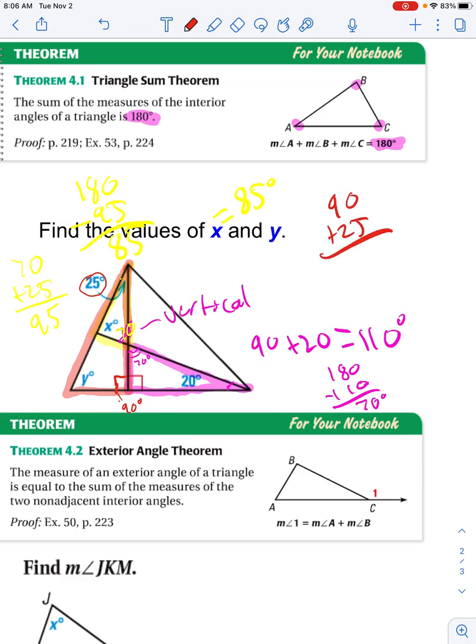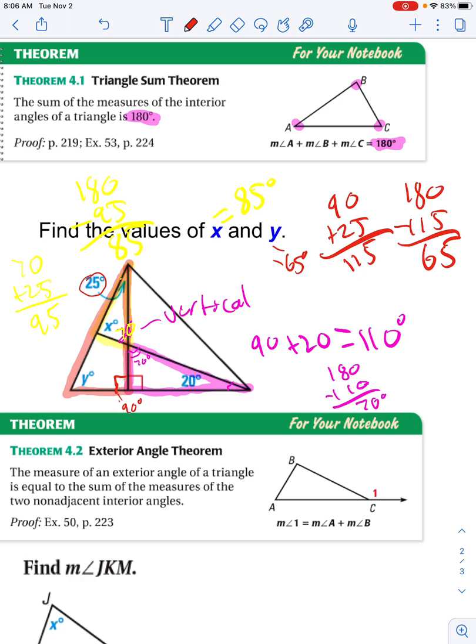So I can say 90 plus 25 is 115, and 180 minus 115 is 65. So Y is going to equal 65 degrees. So X equals 85 degrees, Y equals 65 degrees.